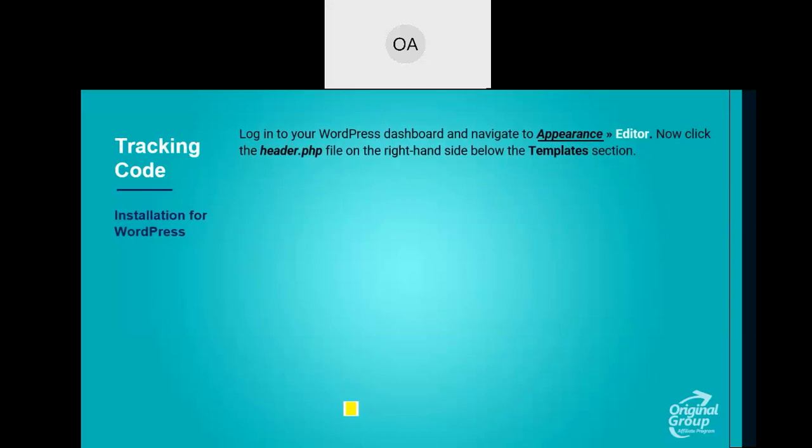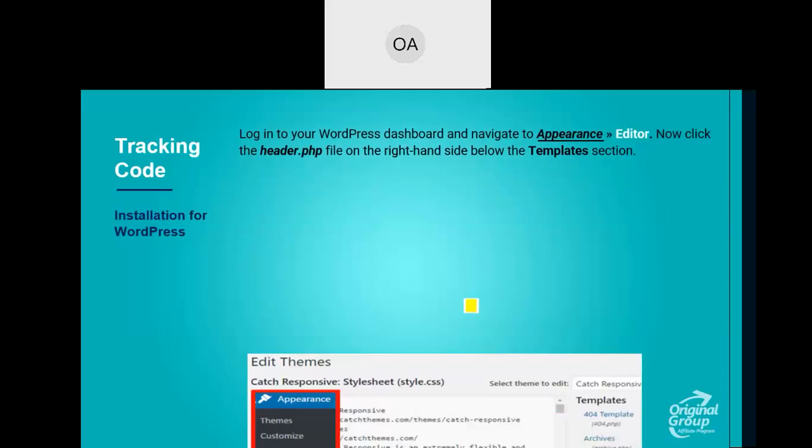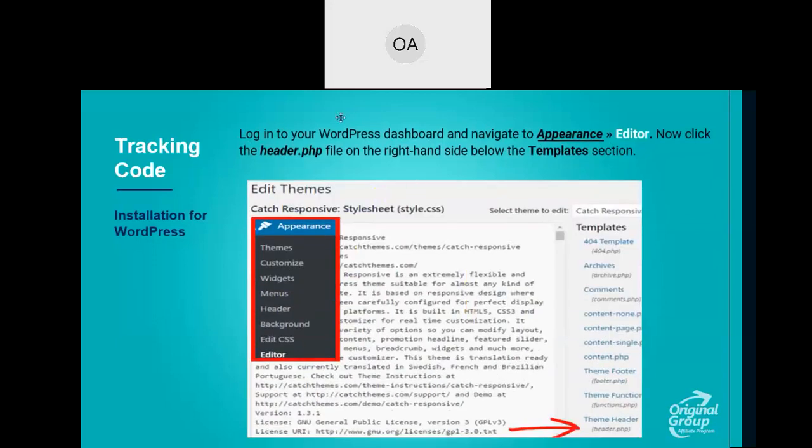But you'll have to access your WordPress, and then you'll have to visit your appearance, and then you would click on editor. And when you do that, these options will pop up, and you're going to want to go to theme header by clicking on the header.php.